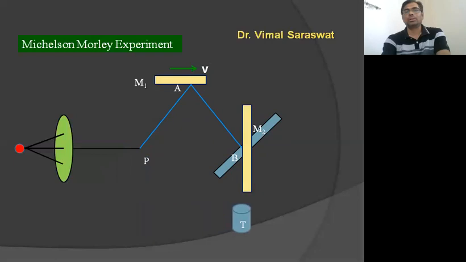The telescope goes from here to here. This point is represented by A dash. So the path of the reflected ray is P A dash, A dash P dash, and P dash to T.